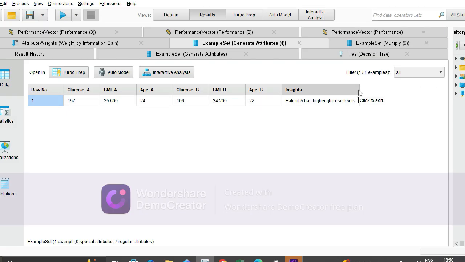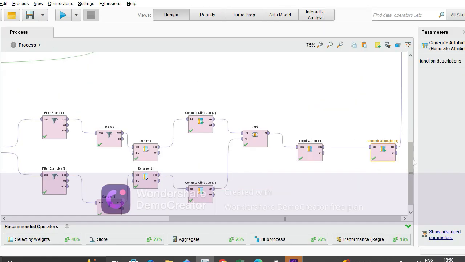Patient A has a higher glucose level. If we change the sample, the data of another patient will come, and it will make a comparison between those. So this is the third feature of our project.